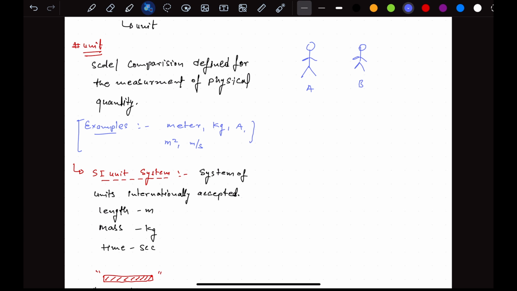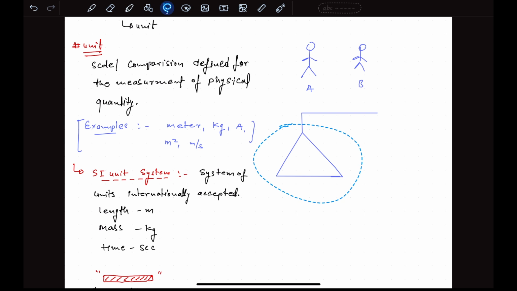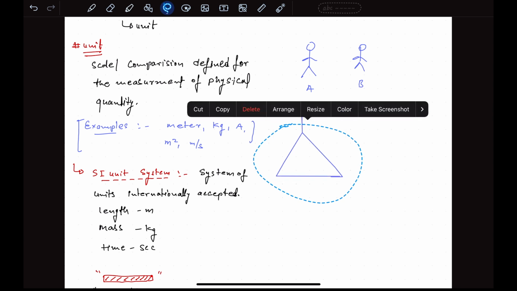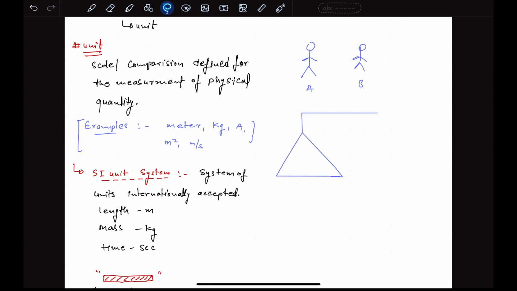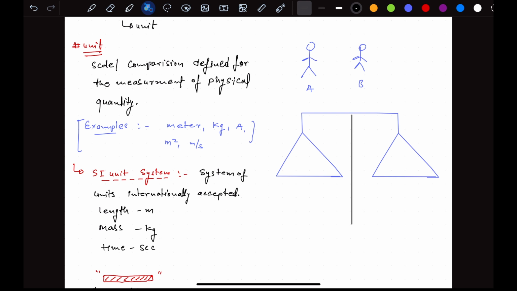So for that, what you are going to do is that you will take a balance made out like this. Okay, let me do it fast. Then you will place it somewhere on the ground.